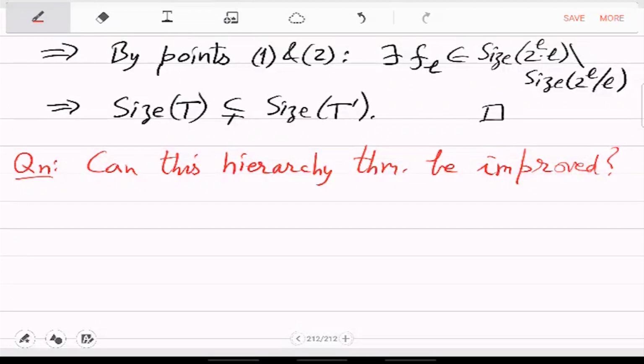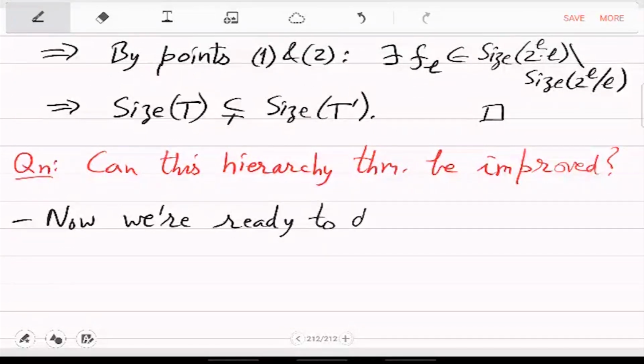And yeah, so once we have this complexity class size T, and we have also proved the hierarchy theorem, we can now define something like polynomial time class P. Now we are ready to define a P analog.